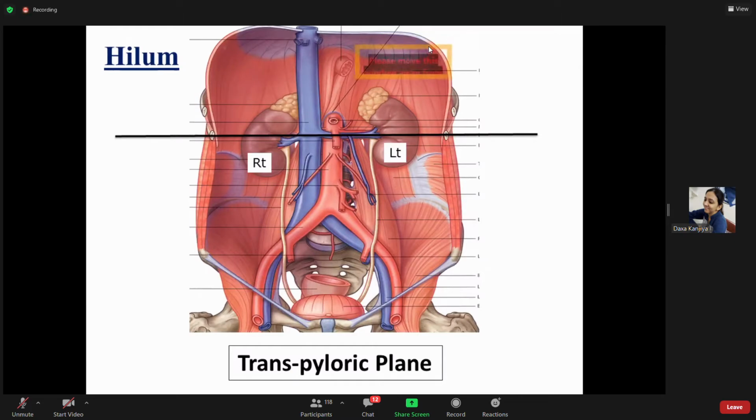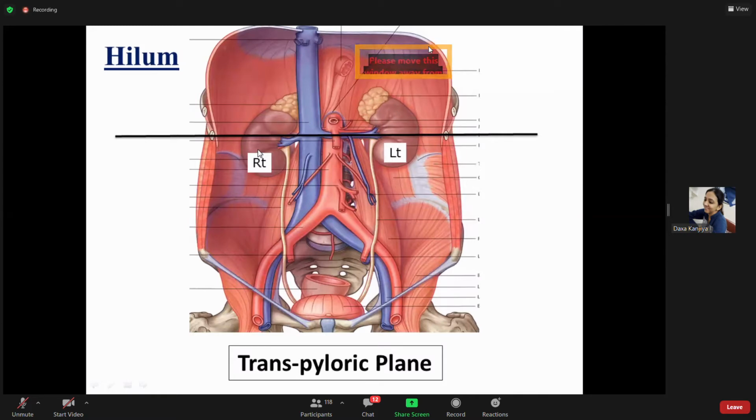Now the transpyloric plane. The hilum of both kidney lies at the level of transpyloric plane. This black color line shows you the transpyloric plane. As I told you, right kidney is slightly lower than the left kidney.